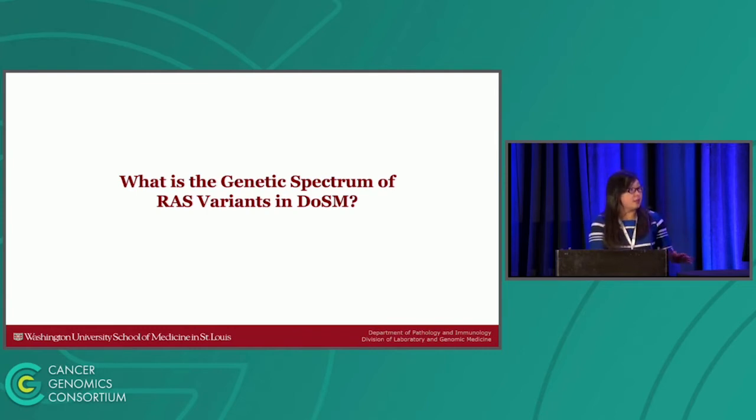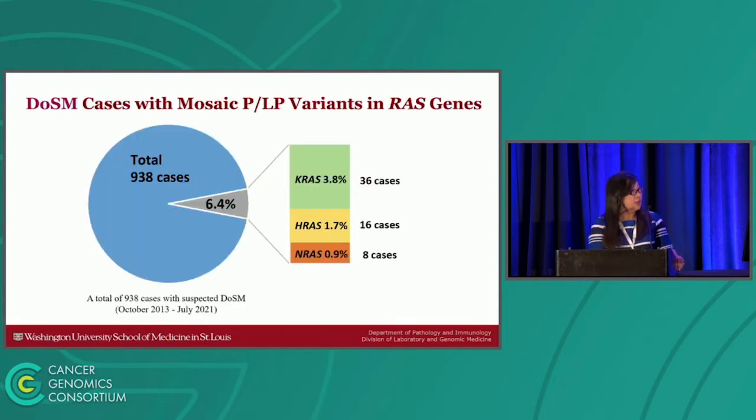the genetic spectrum of the RAS variant in this disease type has not been fully evaluated. So we wonder whether the RAS variant in somatic mosaicism is similar to what we have observed in cancer. To better understand this question, we did a retrospective study using the information and data collected from the clinical NGS assay targeting this disease type. A total of 938 cases with suspected somatic mosaicism were submitted to our clinical genomics laboratory in the past 8 years.